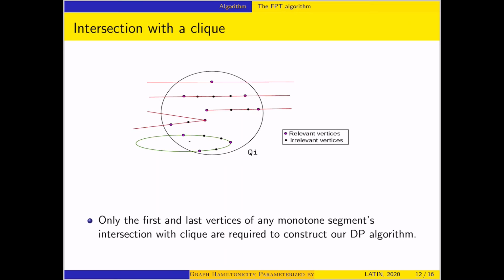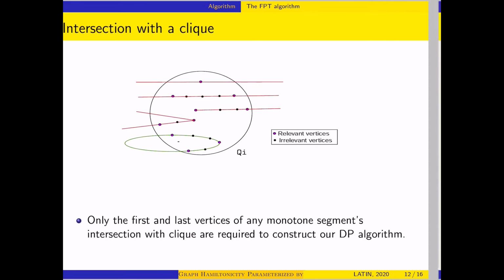And when we look at these cycles that are completely contained inside proper interval graphs, this cycle can be thought of as a collection of 2 monotone segments starting and ending at the same vertices, and there also we can define the relevant vertices in the same way. We look at both these segments, their first vertex of intersection and the last vertex of intersection, and they are the only relevant vertices.